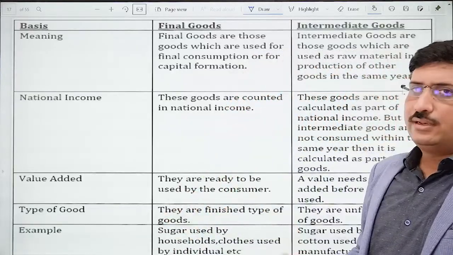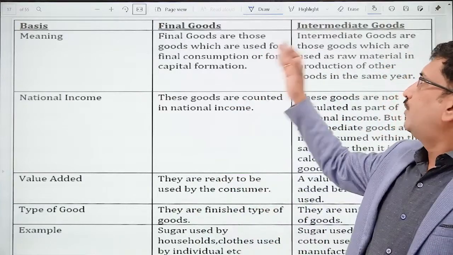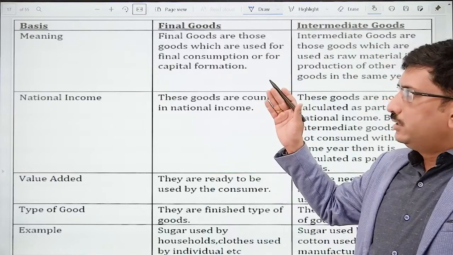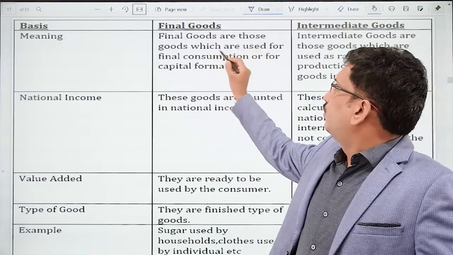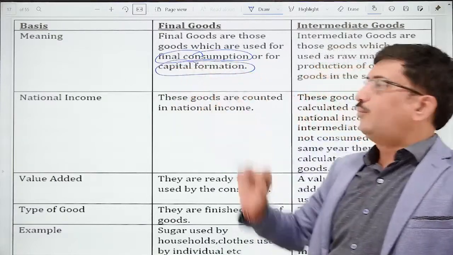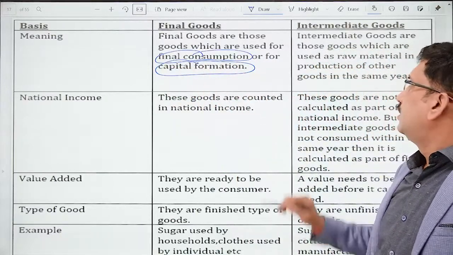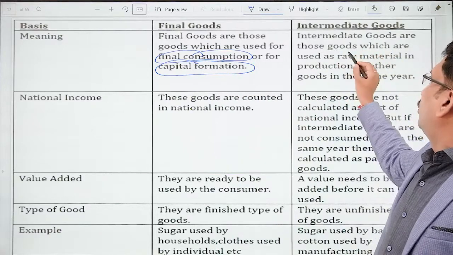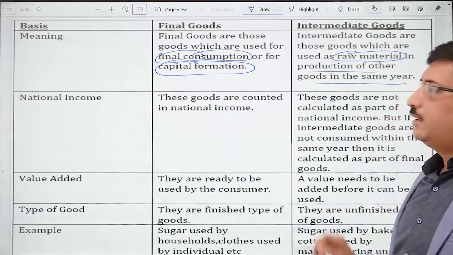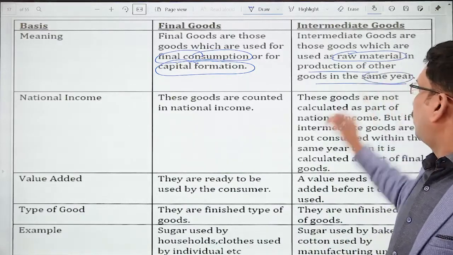So now you can understand what is a final good and what is an intermediate good. The final goods are those goods which are used for final consumption or for capital formation. But intermediate goods are those goods which are used as a raw material in the production of other goods in the same year. So the same year is also important.